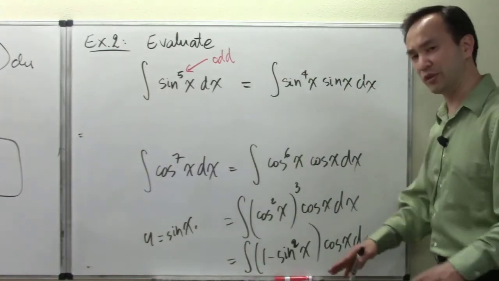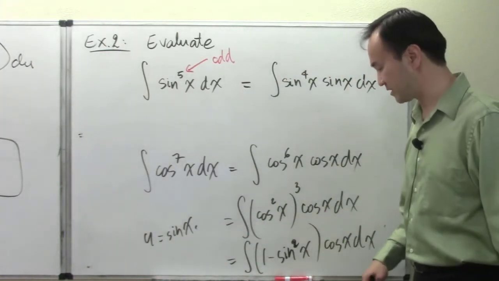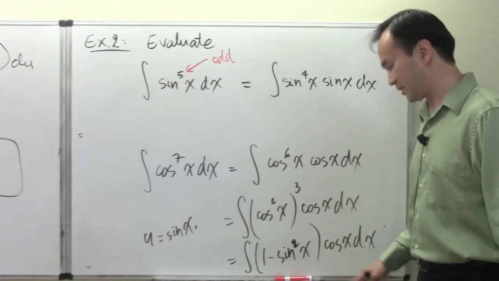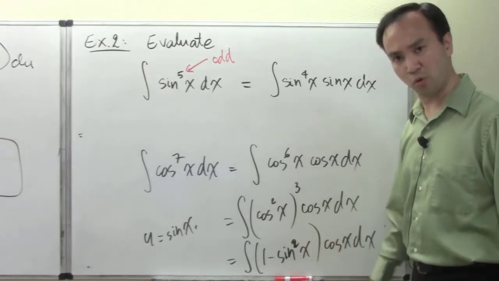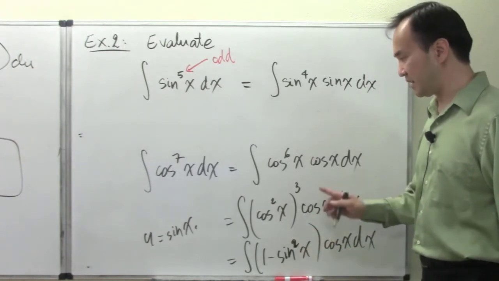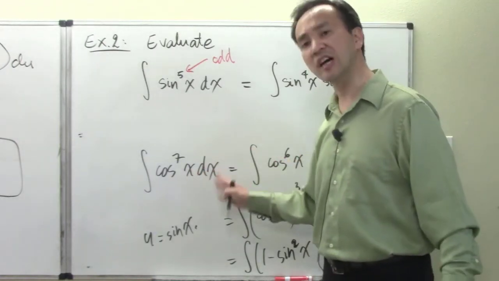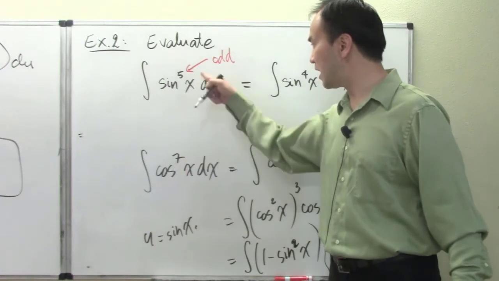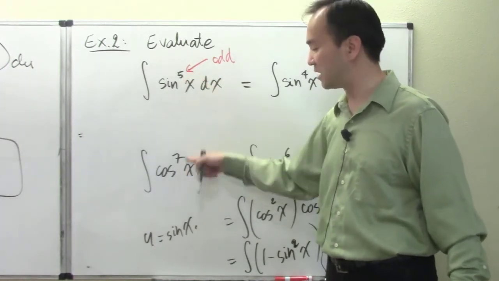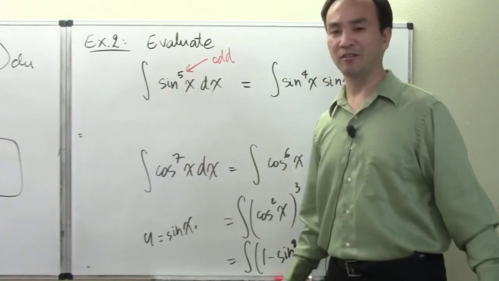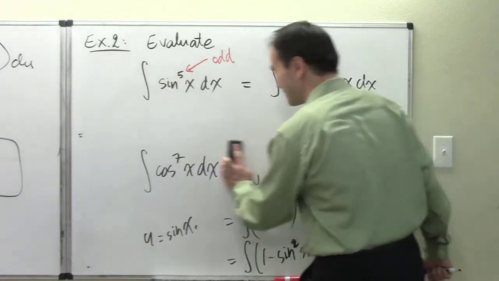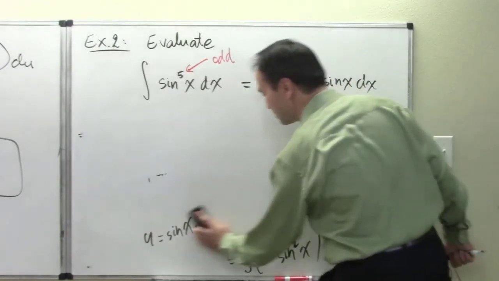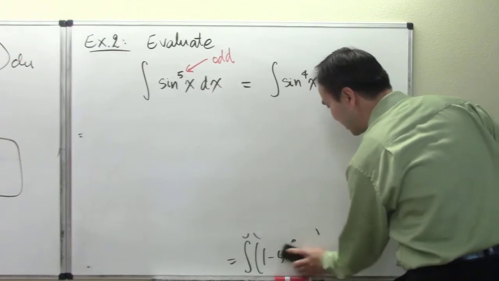Okay, and then we do all the substitution method steps along with that, and so this problem will come out quite quickly as well. But again, sadly, this technique, aside from the reduction formula, only works for an odd power of either sine or cosine. Okay, so that's how it is with this problem that I introduced here in example 2.